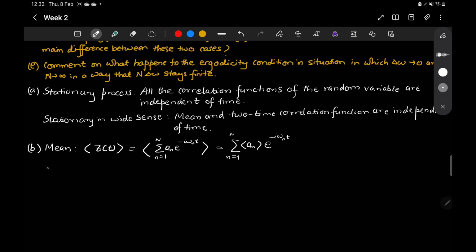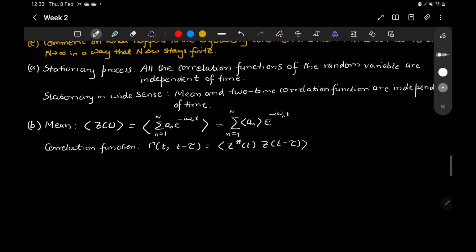So this is the mean. And now we also need to consider the correlation function. The correlation function is gamma(t, t minus tau), the 2-time correlation function, which is given as the expectation of z star(t) z(t minus tau).